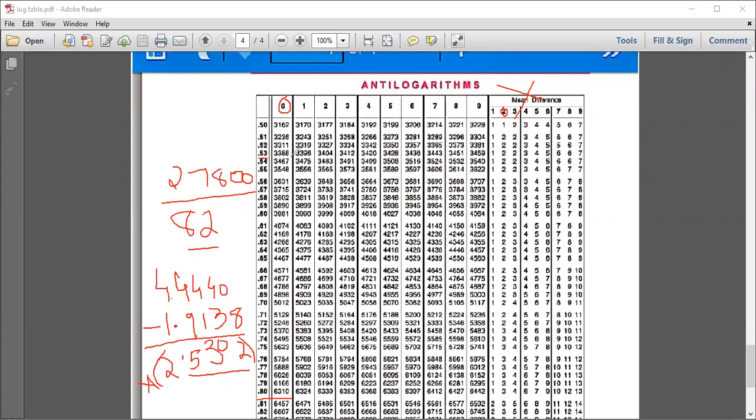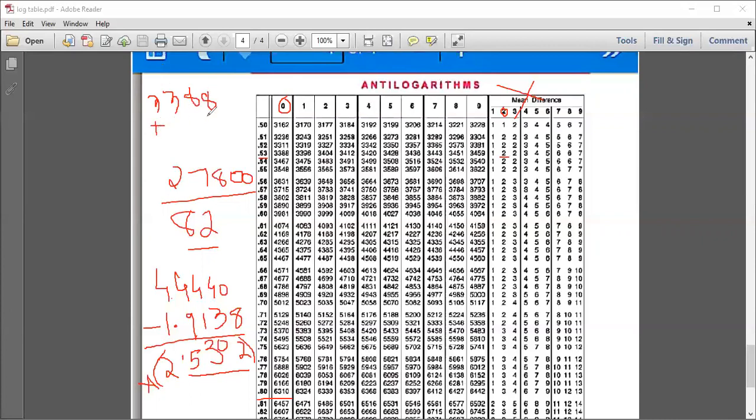Okay, this is the number 3388 plus. If we go forward continuing with the same digit, under mean difference column you'll find 2. So 53 under 0, mean difference 2. So 3388 and mean difference 2.